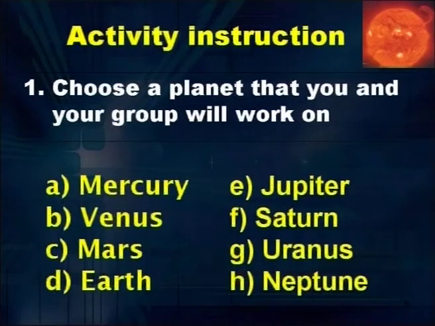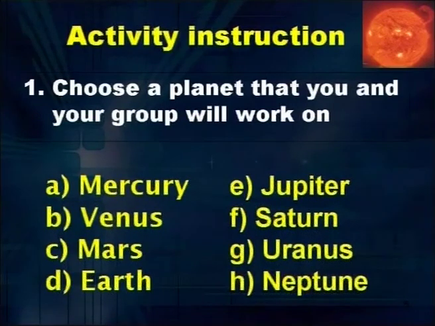Firstly, there are 8 planets now. There are no more 9 planets. The ninth planet, Pluto, has been ruled out as a planet, by more than 2,000 scientists in August this year, because it does not match the criteria of a planet.